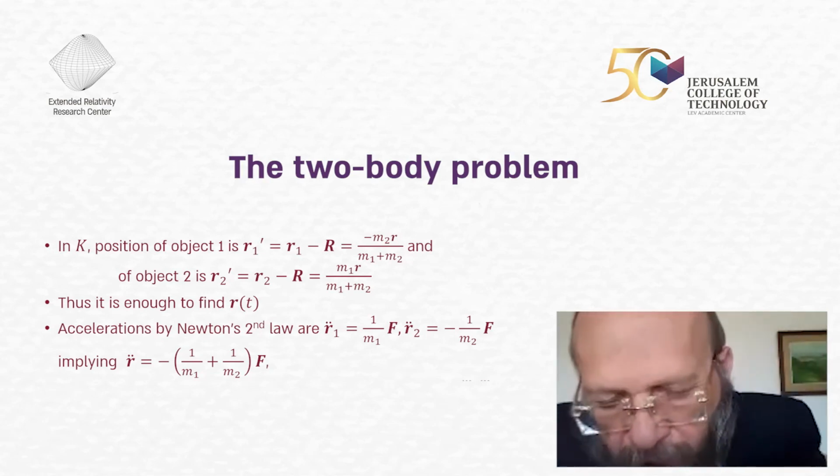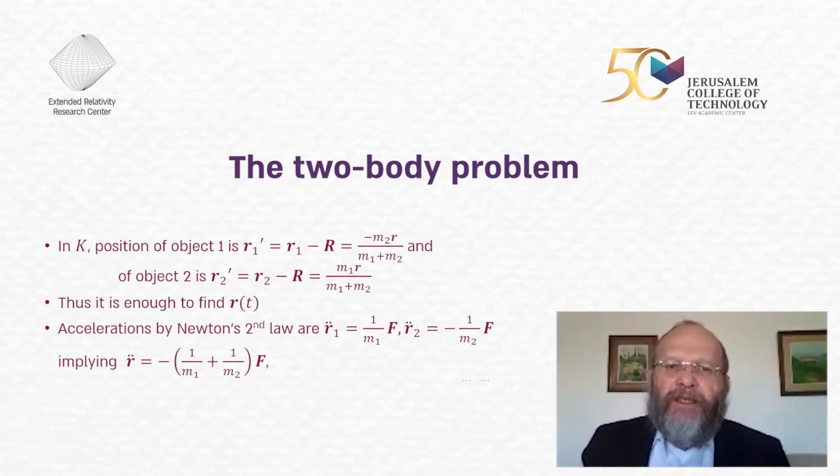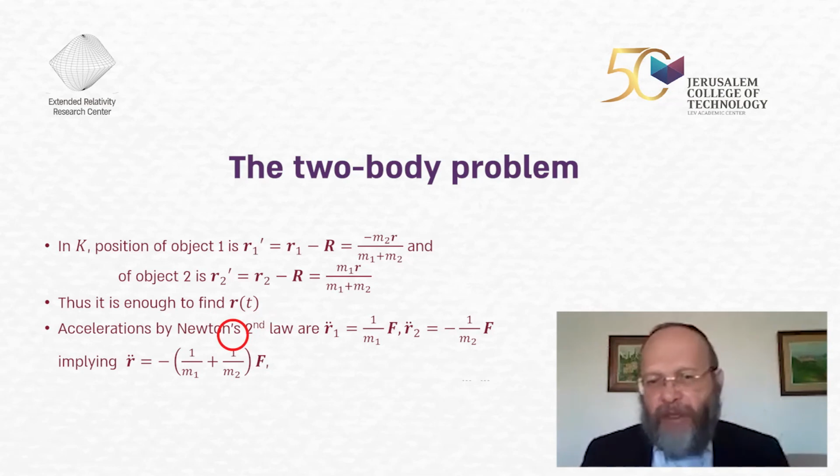That means we now have a similar formula as for r1 and r2. If this were 1 over some mass, then it would be exactly the second Newton's law for one variable r double dot.